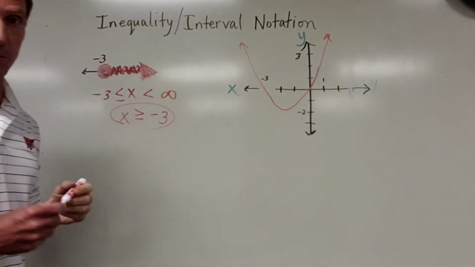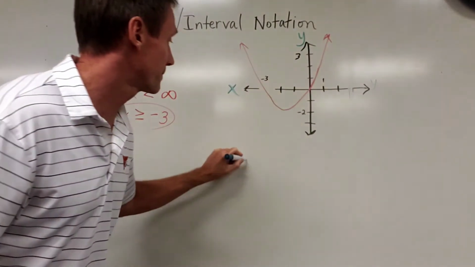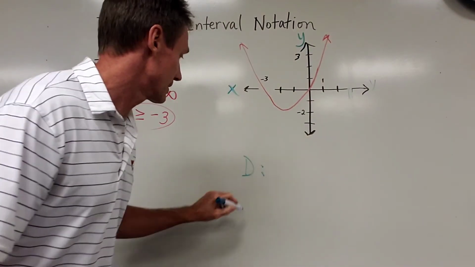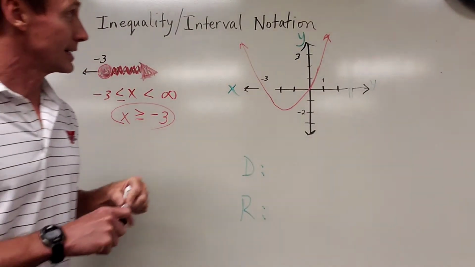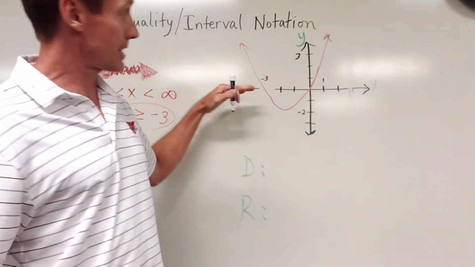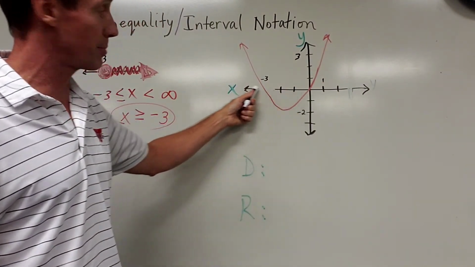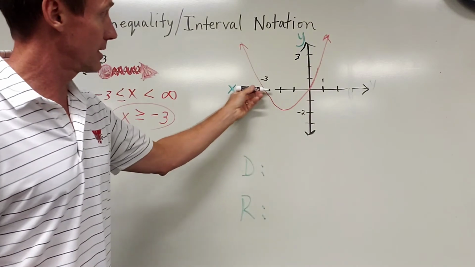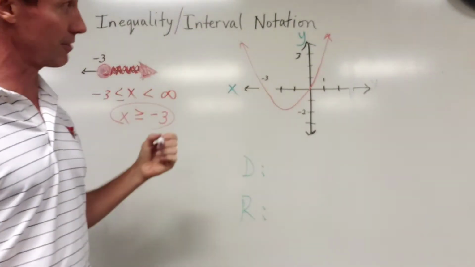We're going to go forever both directions right here. So, last example. So, domain, range. Let's say in this case, domain is x values. So, left to right. Does this graph ever stop if we go left? Right? It has an arrow. It's going to continue going left forever and ever.